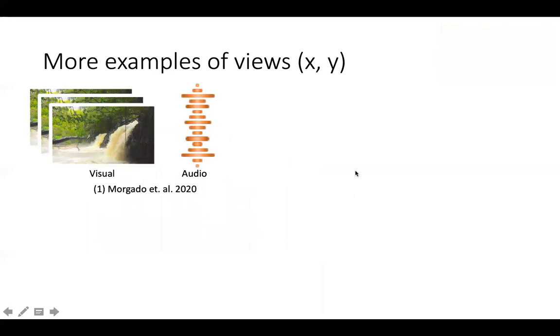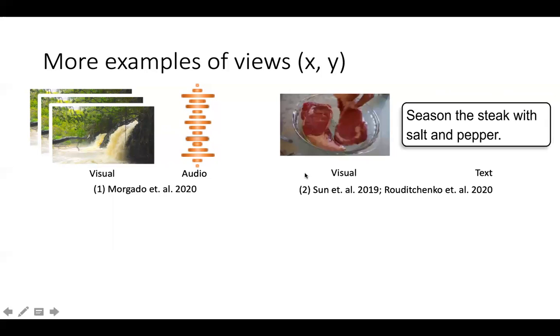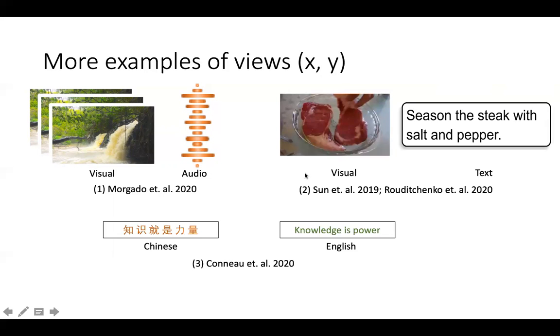And of course, for the contrastive learning approach, you can have more examples to construct the different view pairs, X and Y. For example, you can have visual and audio to form the pair to do contrastive learning. You can have visual and text, and you can have different languages as well. So the idea is pretty general, and you can have different applications here.